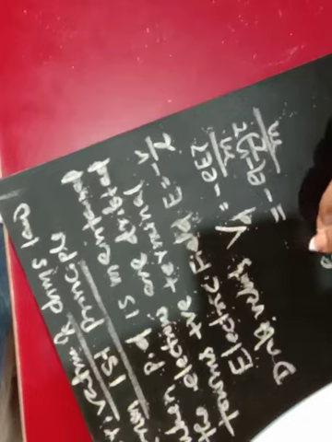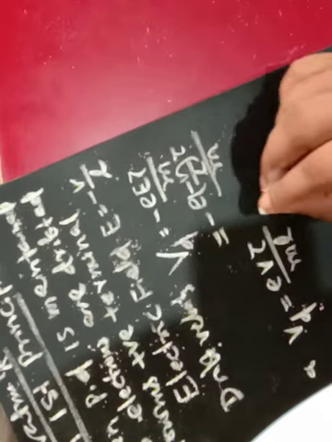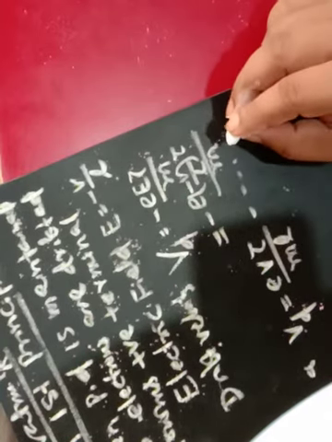Or finally you are finding Vd equal to eV relaxation time upon mL. eV relaxation time upon mL. This is the expression for the Vd. This is equation 1, you just take it.